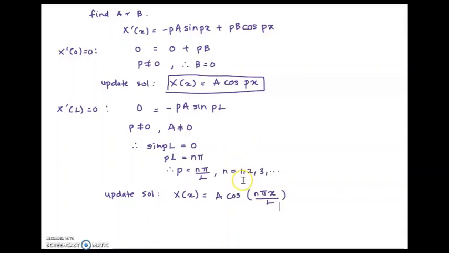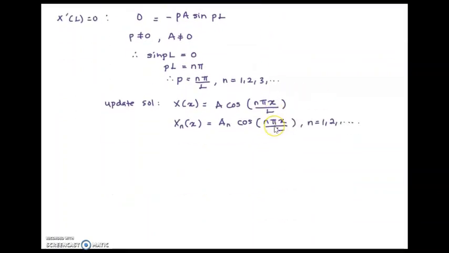For n equals 1, we have the solution x1 equals a1 cos pi x over L. When n equals 2, we have another x, x2 equals a2 cos 2 pi x over L. So we have lots of solutions, therefore we can denote the solution in the form of subscript: Xn of x equals an cos n pi x over L, where n is a positive integer.